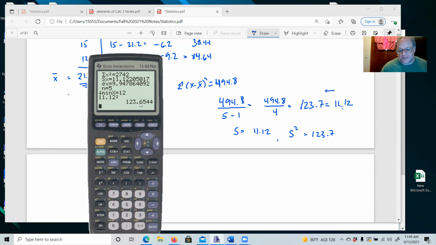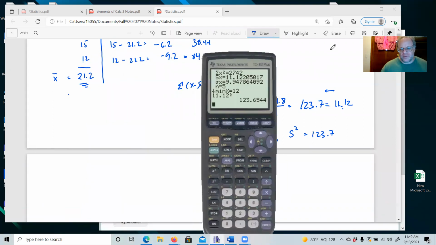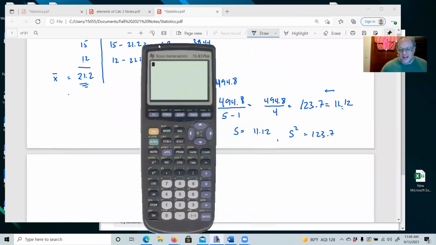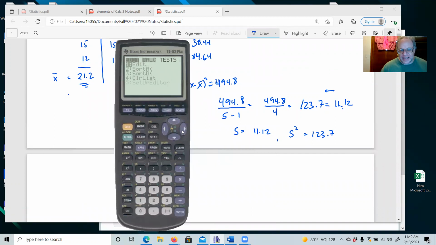And to 1 decimal place, we got 123.7. Okay. So I don't know if that would have been the right answer, but there we go. Okay. So stat, calc, one variable statistics. Which list did you want to do this on? Enter, and then you could read off the parts that you need.